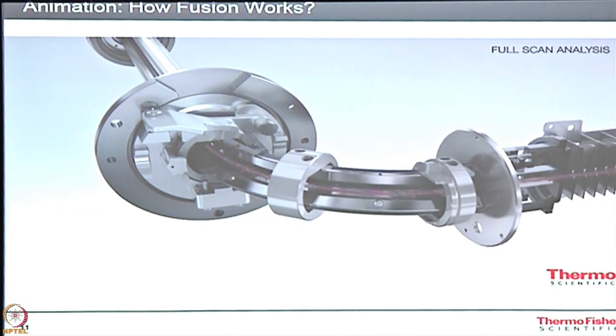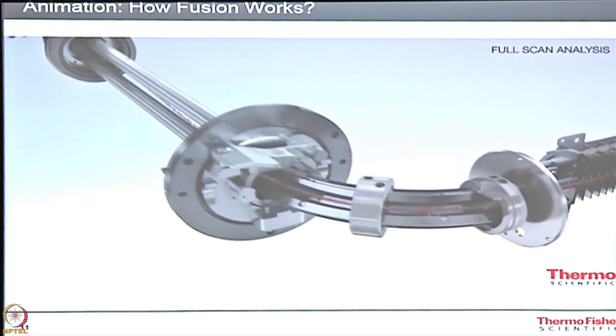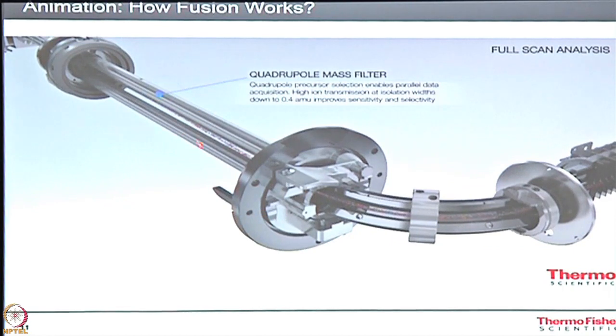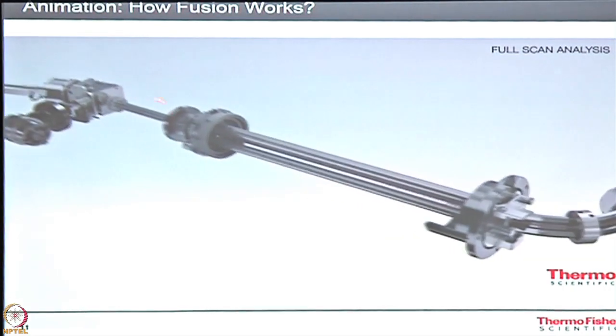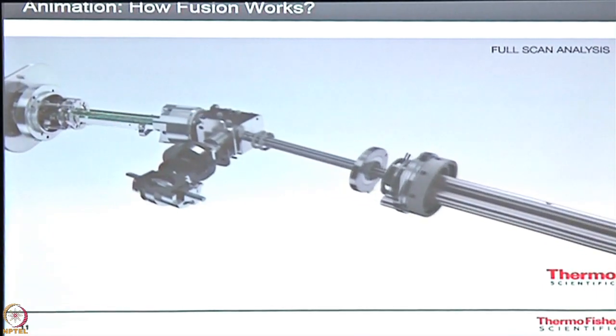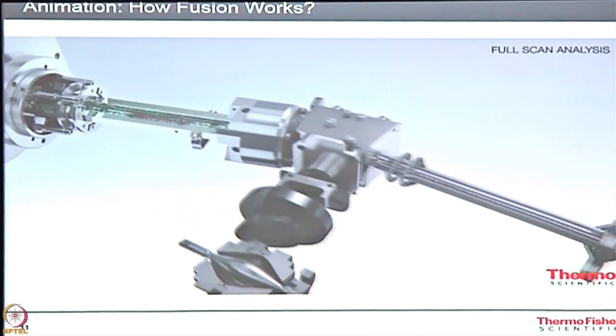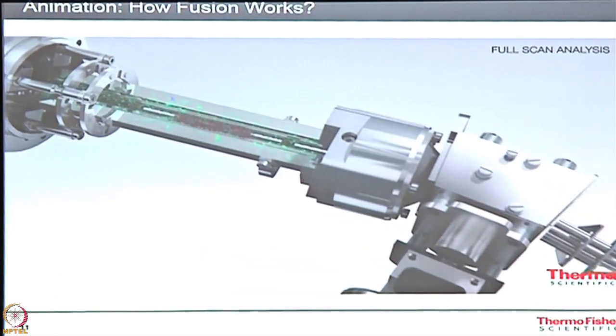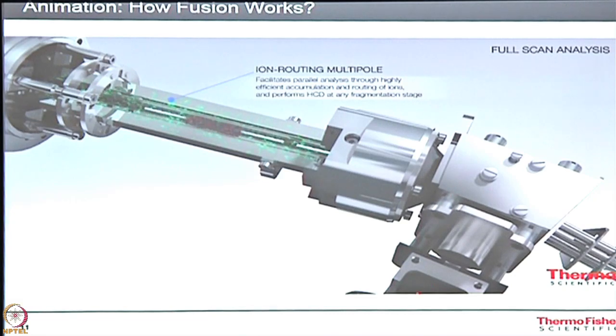Because when the ions are entering the instrument, there are some neutrals also. With the high voltage difference, the charged molecules can bend, but the neutrals cannot bend. After that, in the quadrupole, you can select the ions which you want. Then it first comes to this ion routing multipole, where it is first stored. Here is the first stoppage where it will be decided whether it goes to the Orbitrap or to the ion trap.